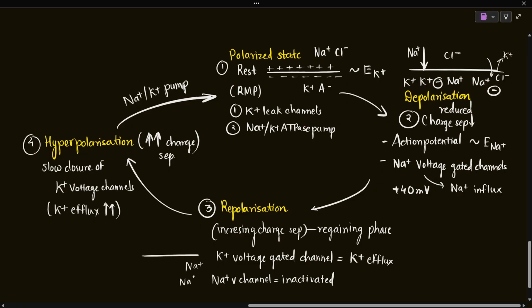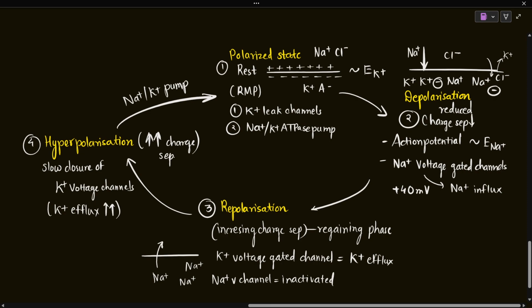So this will be the scenario during the hyperpolarization, which is exactly opposite to what we have when the cell is at rest. And to regain the scenario that was there before the arrival of the stimulus, the sodium potassium pump starts, which does the efflux of sodium.